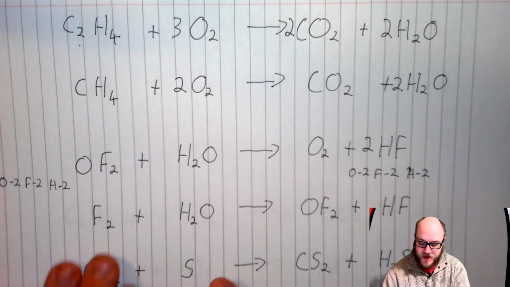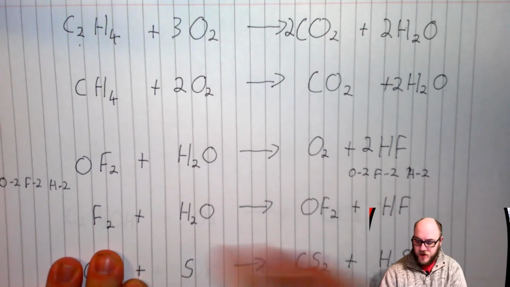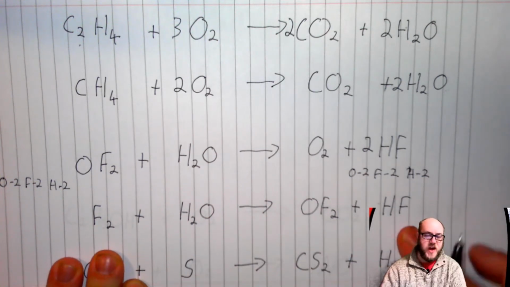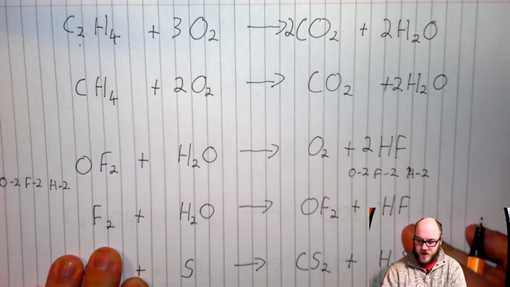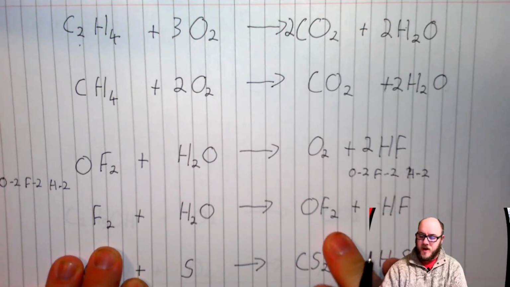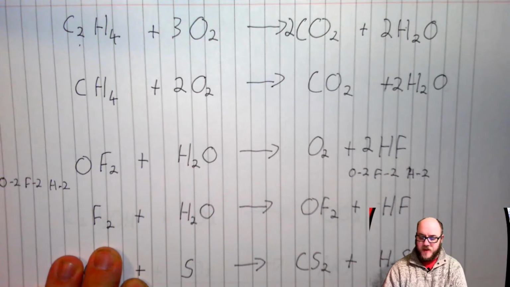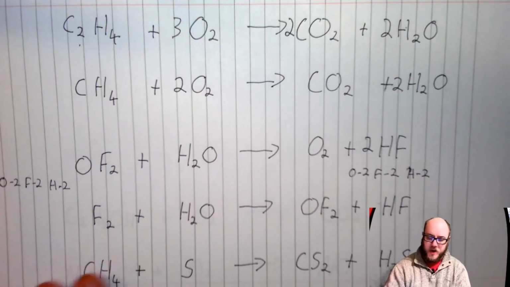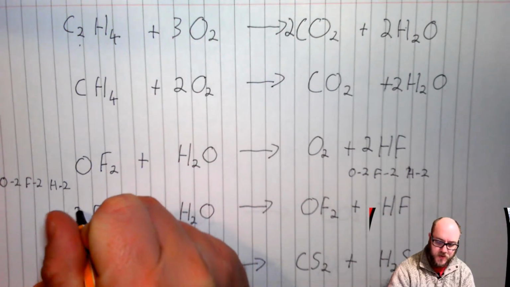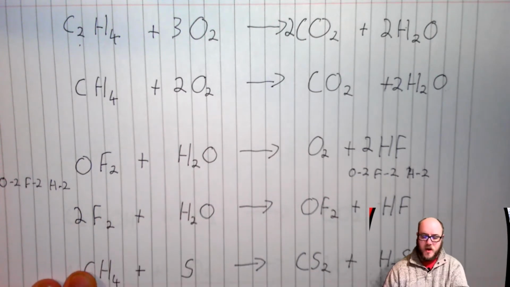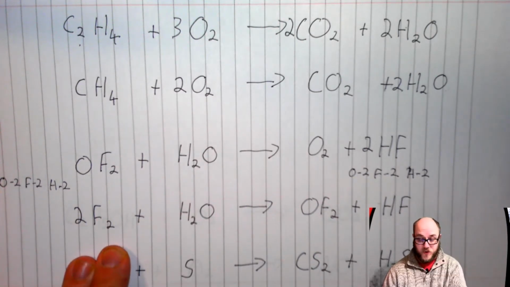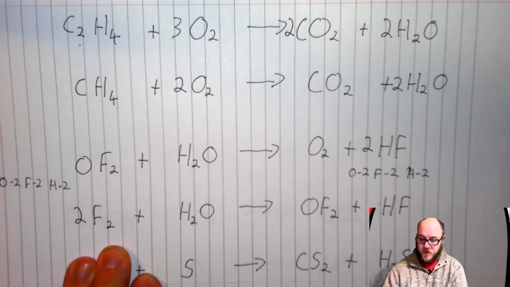And this one then, I have F2 plus H2O gives OF2 plus HF. This looks a little bit trickier because this F2 is fine, but I've got an extra F there. So what I can do is if I multiply this by 2, I'm going to end up with 4 fluorines, 2 times 2, and I've got 2 here and 1 there.